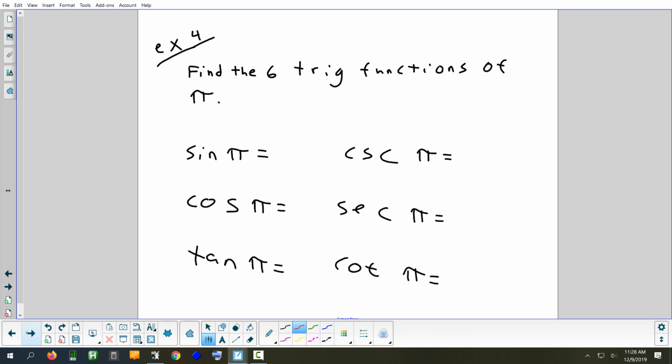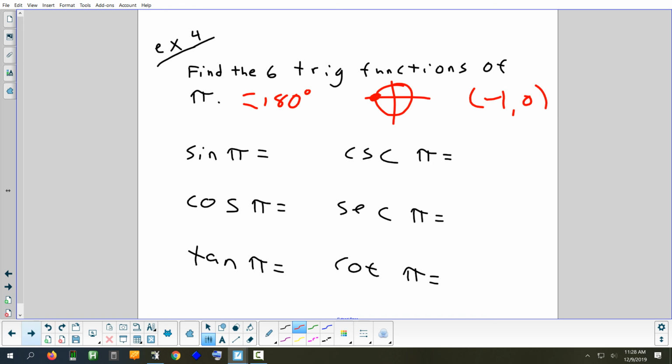Okay. How about pi? Okay, first step here would probably be to think of pi in degrees. What is pi in degrees? Yeah? 180. It's 180. And what's the coordinate for 180? Yeah? -1, 0.